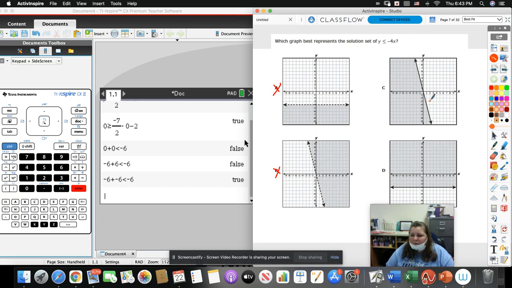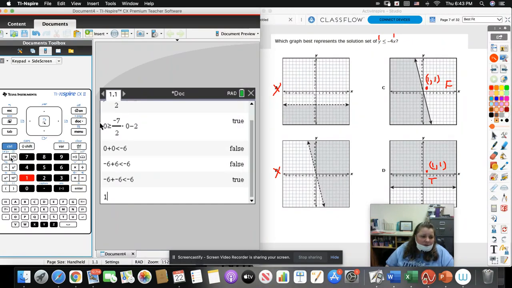So we may want to pick a point that's not in the shaded region. So I'll just go 1, 1. And I like to use easy points. Okay, this one should be false because it's not in the shaded region, and this one should be true. Go to the calculate. Y, well, they're both going to be 1.